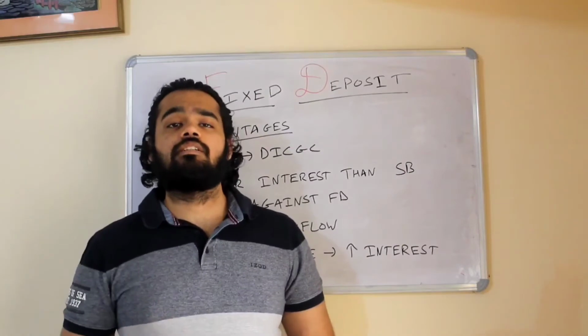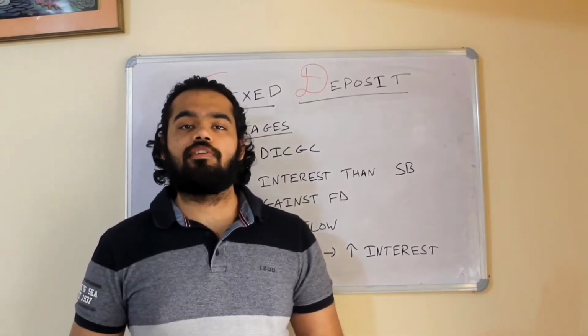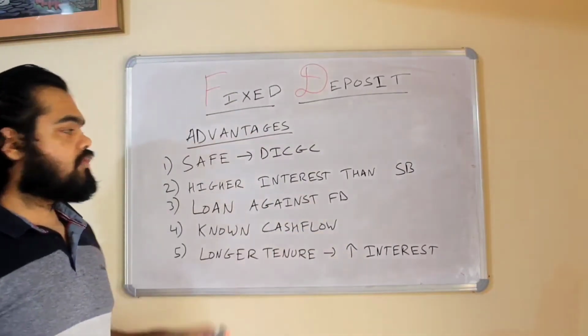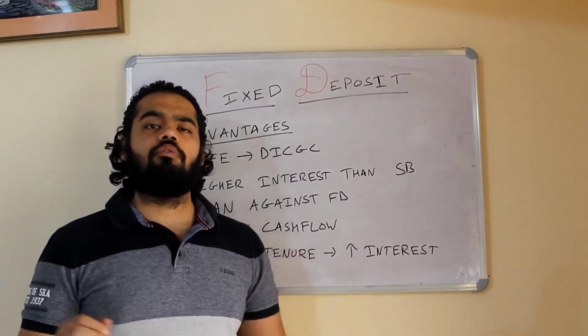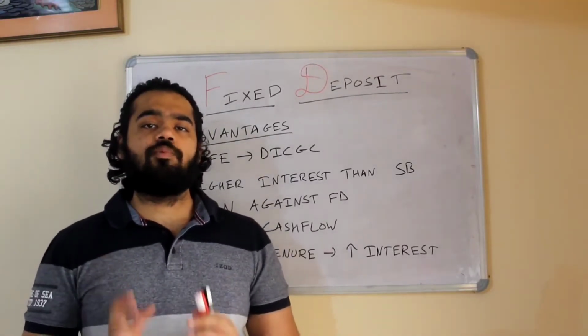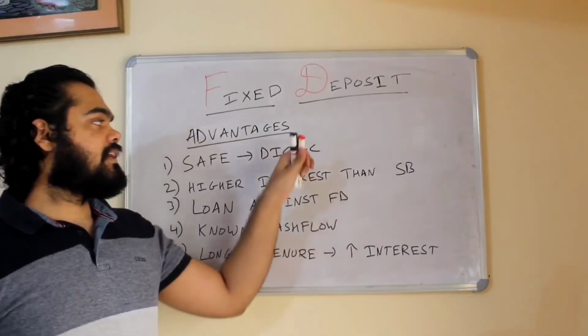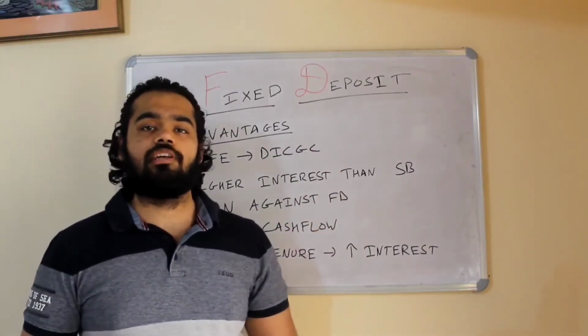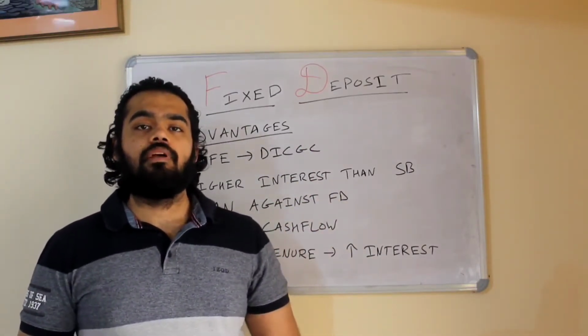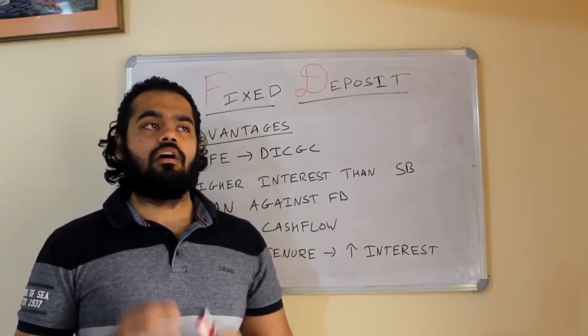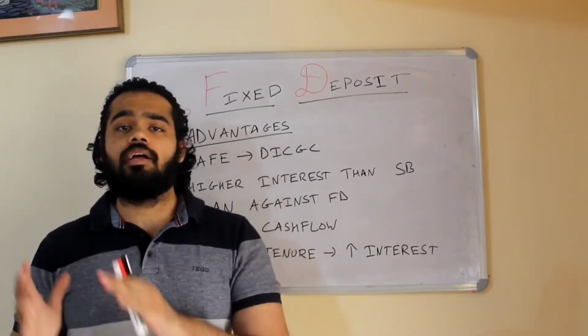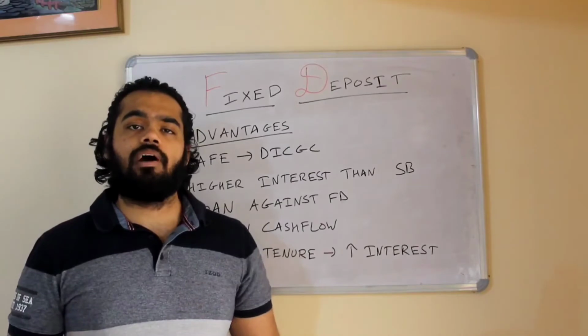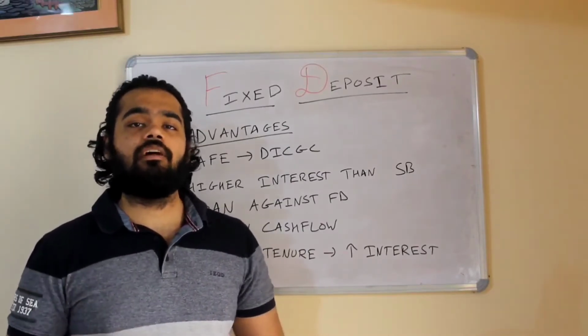Now, let's discuss some of the advantages offered by fixed deposits. So, the very first one is that it is safe. Now, how is it safe? A sum of up to rupees 5 lakhs is guaranteed by DICGC, that is the government organization. What does that mean? It means that FD, saving bank, and current account balance all combined is guaranteed up to rupees 5 lakhs.